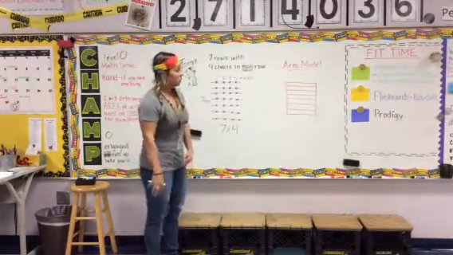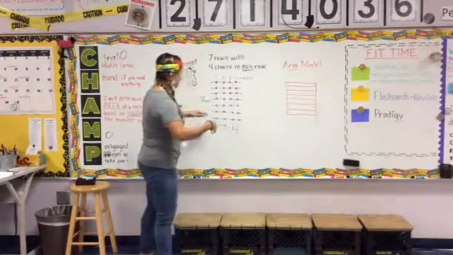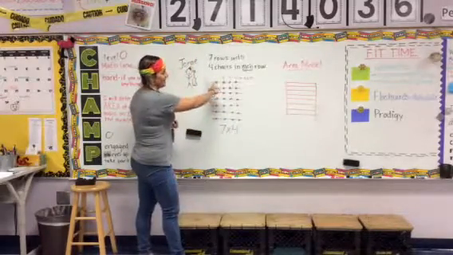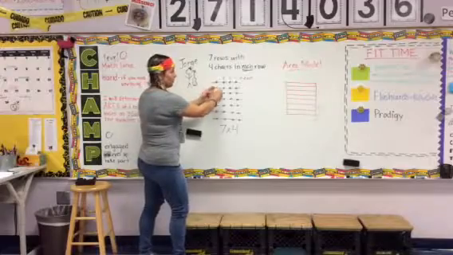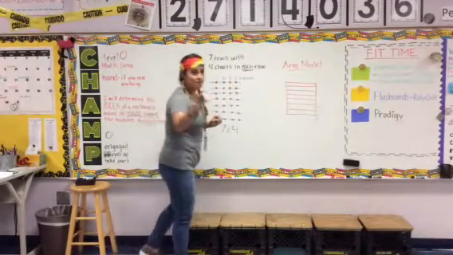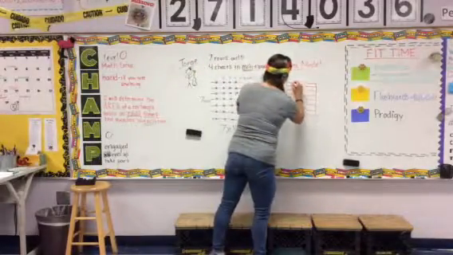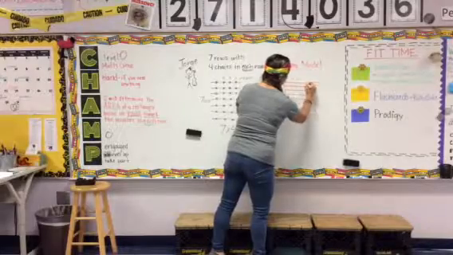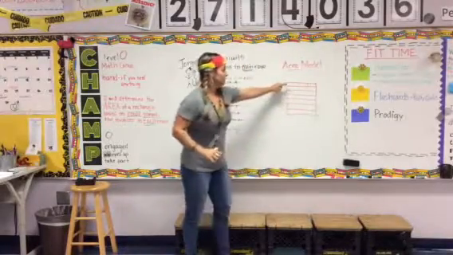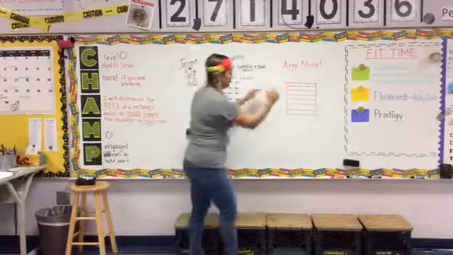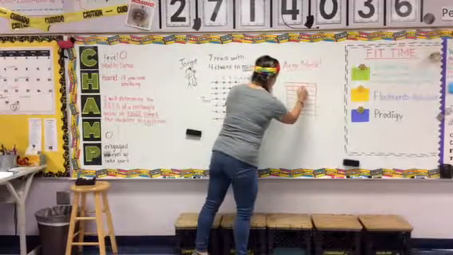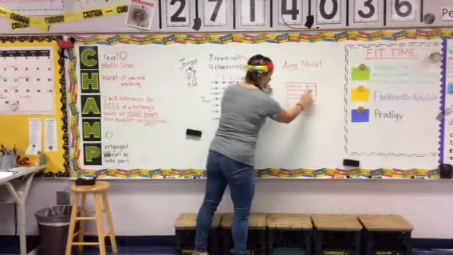So, pretty equal there. I did pretty good, right? Yay. Okay, and then I need 4 in each row. So I need 4. 1, 2, 3, 4. 4 in that row. Watch this. 1, 2, 3, 4.